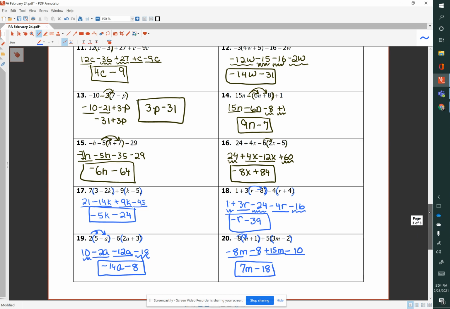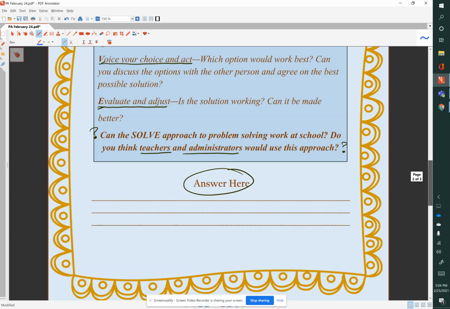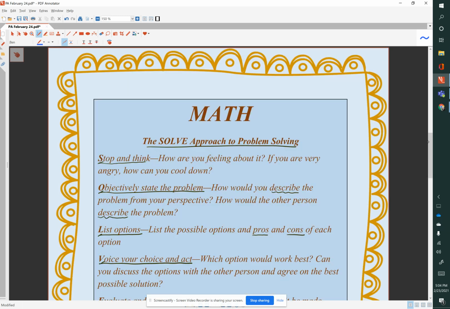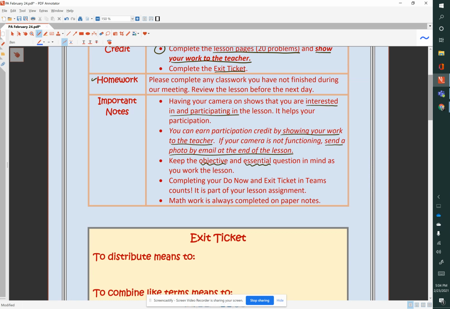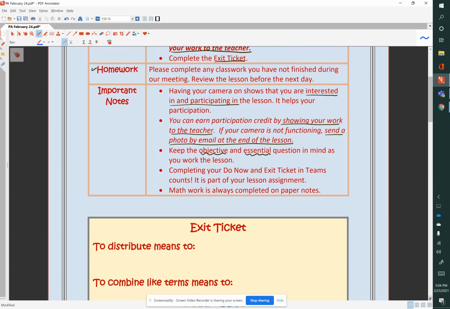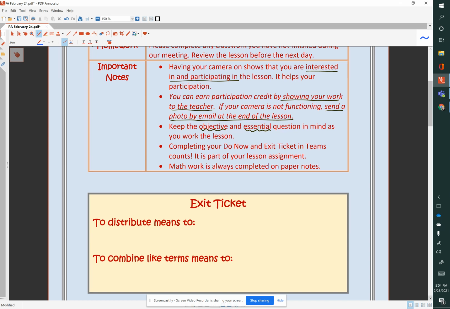So let's go back to our exit ticket. We are asked what it means to distribute and to combine like terms.